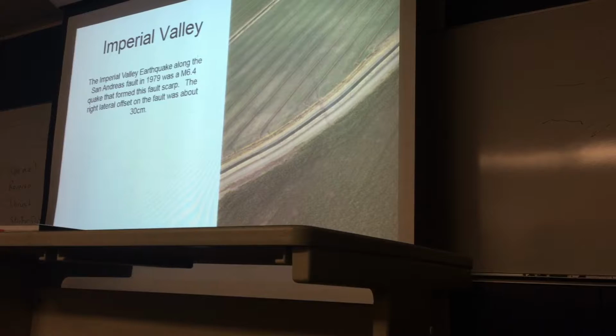The overall offset was on the order of 35 meters in the worst part of that particular earthquake system, and that offset occurred in about a second. So it produced a very large magnitude earthquake.